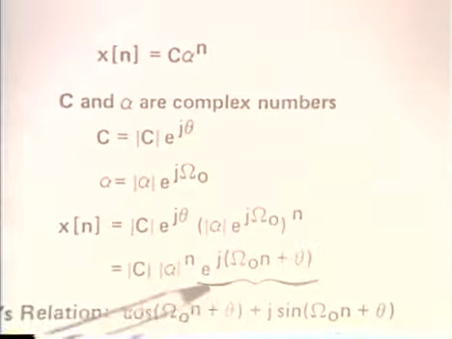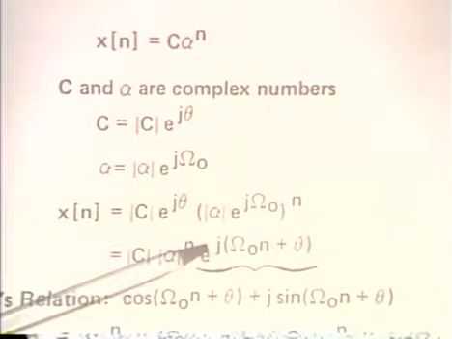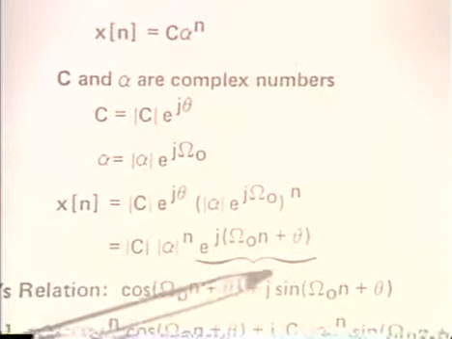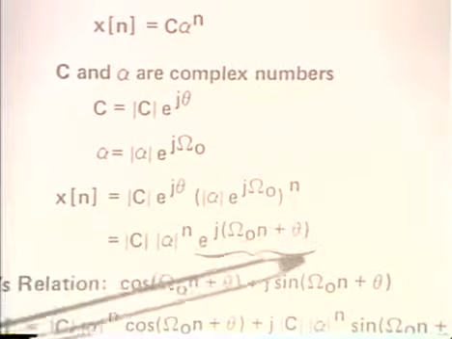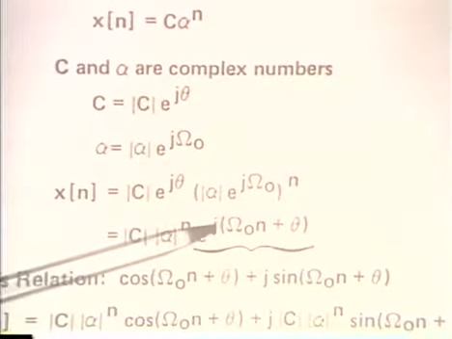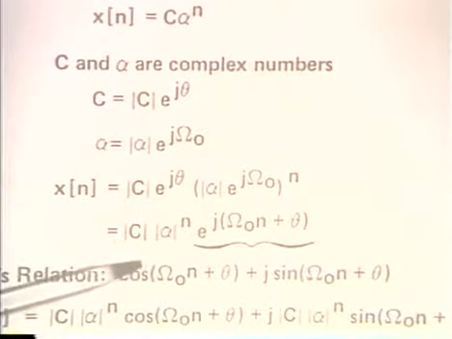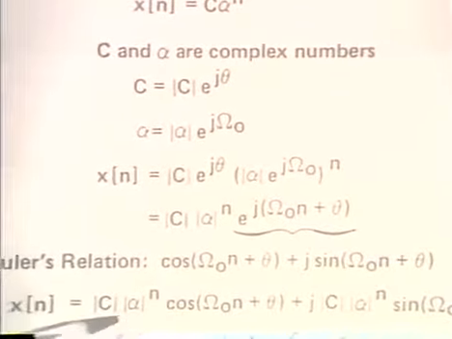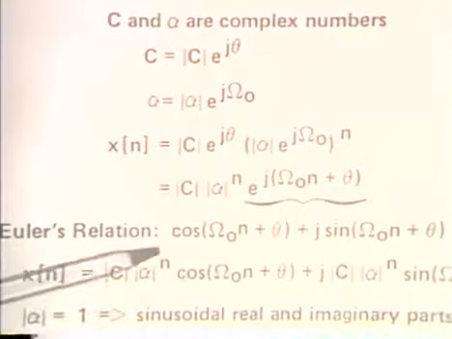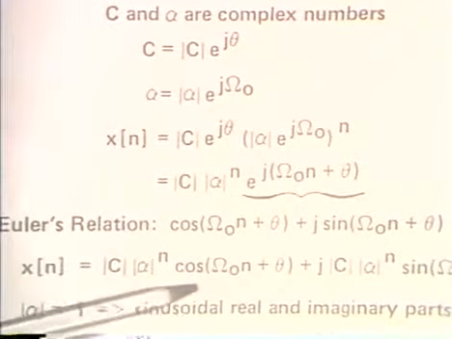And again, if we track through the algebra and get to a point where we have a real exponential multiplied by a factor which is a purely imaginary exponential, apply Euler's relationship to this, we then finally come down to a sequence which has a real exponential amplitude multiplying one sinusoid in the real part, and in the imaginary part exactly the same kind of exponential multiplying a sinusoid that's 90 degrees out of phase from that.